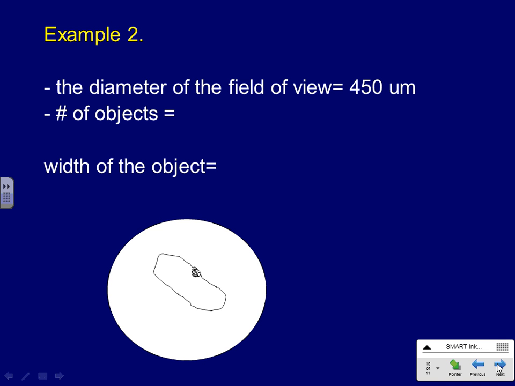I could do a second calculation for length, right? Width, I would say, is the smaller, because length implies longness, right? So I would say width is across the short distance, and length is that long distance. So if we were saying the width of the object, I'd say that, the width, right?